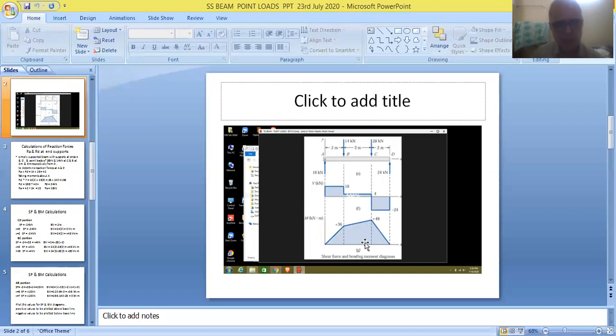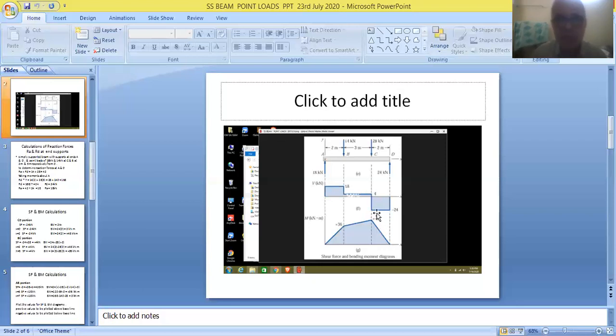So unless you make calculations, you won't get SF and BM values. And unless you get SF and BM values, we cannot, friends, prepare SF and BM diagrams. SF values are essential for SF diagrams. BM values are essential for BM diagrams. And lastly, friends, this is the baseline of the shear force diagram, and this is the baseline of the bending moment diagram.